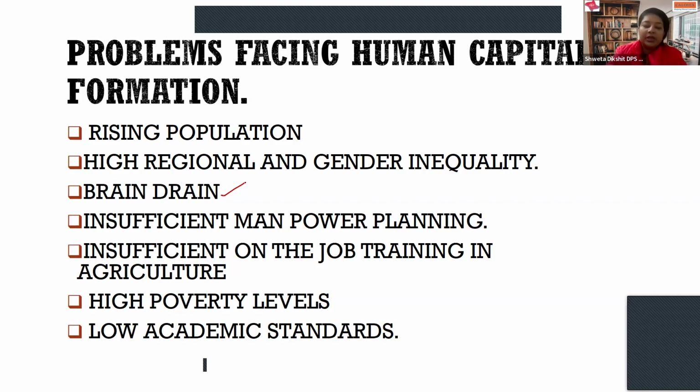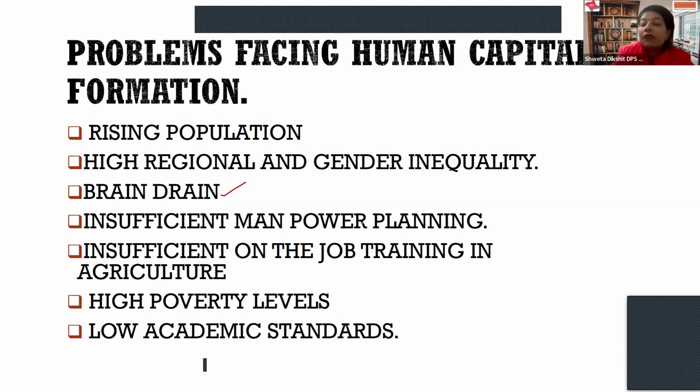As you know, many highly skilled scientists, technicians and engineers migrate to other countries for better-paid jobs and also sometimes for better career or life opportunities. So this also damages the process of human capital formation in our country.